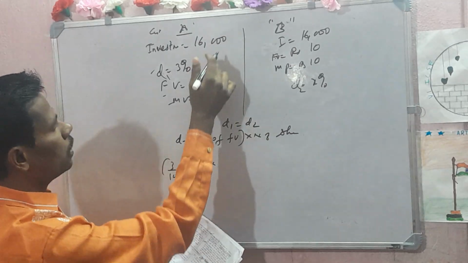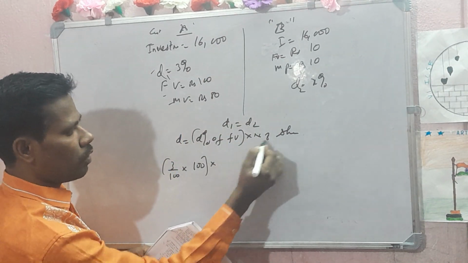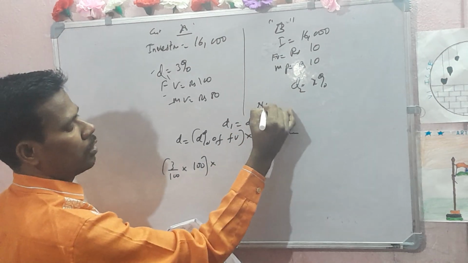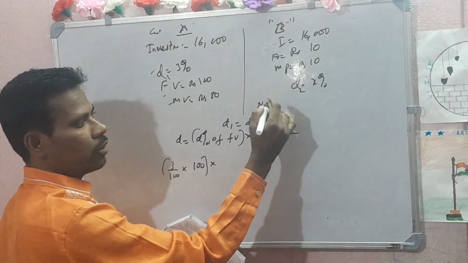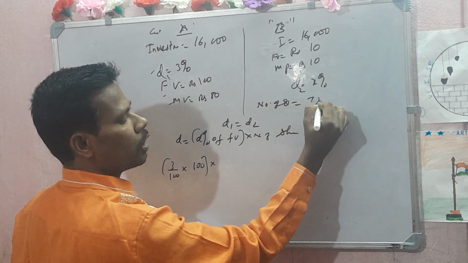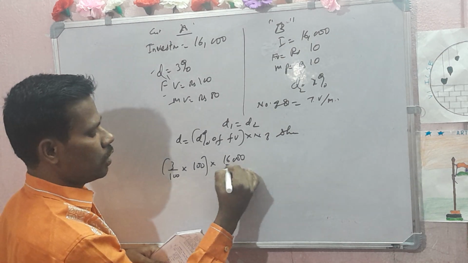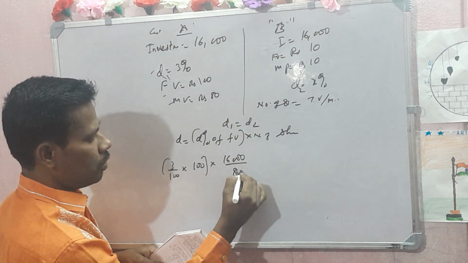We don't know here, but number of shares is equal to total investment by market value. Total investment is 60,000 by market value is 80.